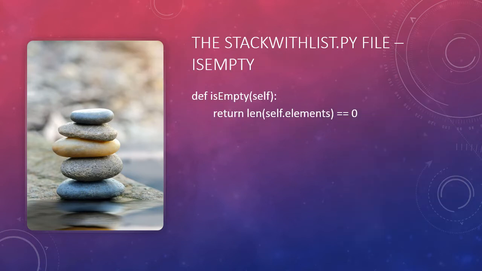Then I have a function here called isEmpty. The isEmpty function is supposed to tell me if my stack is empty or not. Inside, I just write one line. I call the len function for self.elements, and if the length is 0, the comparison will return true.